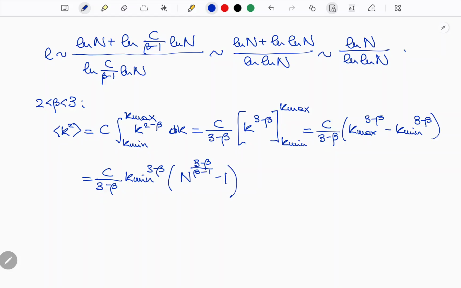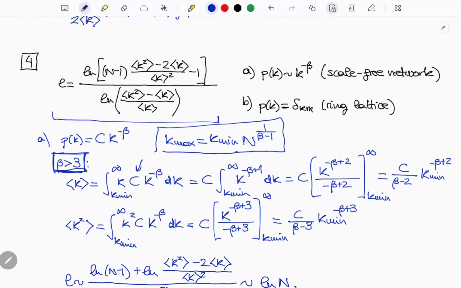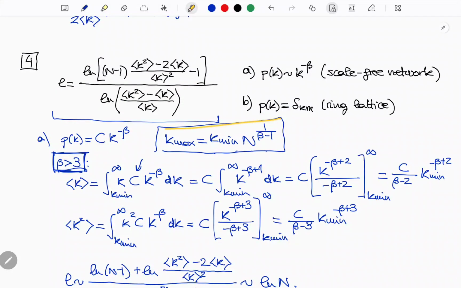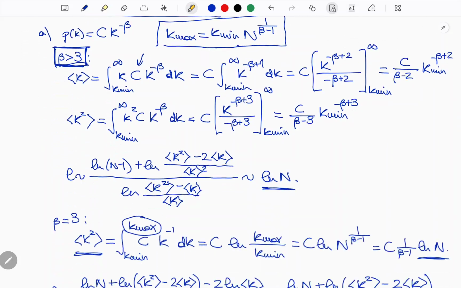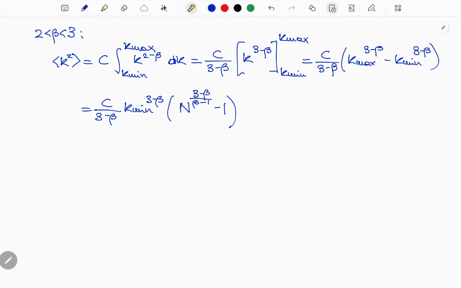This is what you obtain when you substitute this expression and you raise it to the power of 3 minus beta. So I have a 3 minus beta here and also a 3 minus beta here. That's the idea. And afterwards you take common factor this k min to the power of 3 minus beta. So this is the final expression.